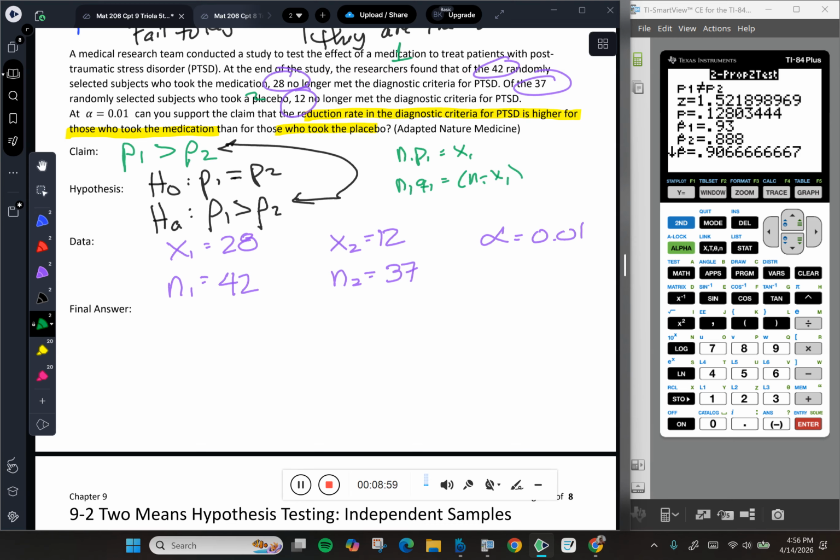If I swap out for 2's, it's all the same math. So x1 is my number of successes, and n1 minus x1 is my number of failures. These are hats, by the way. I'm sorry about that.